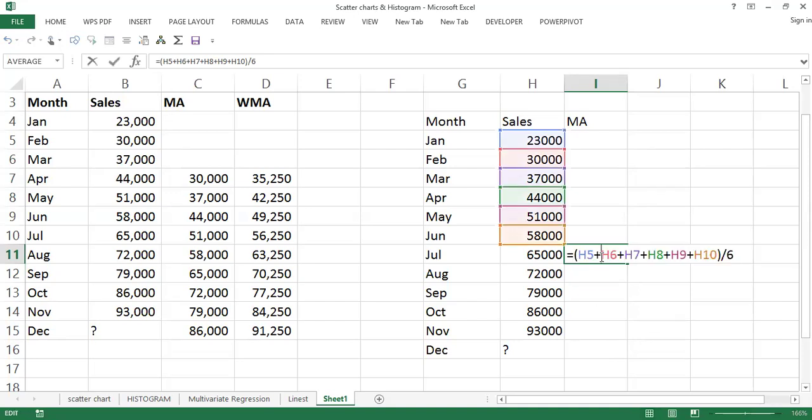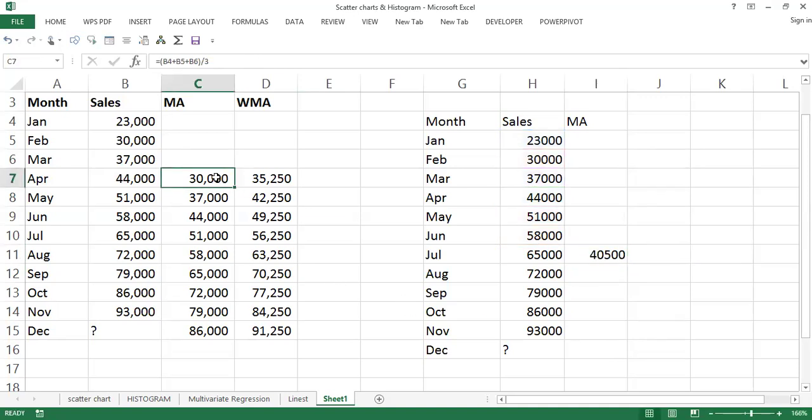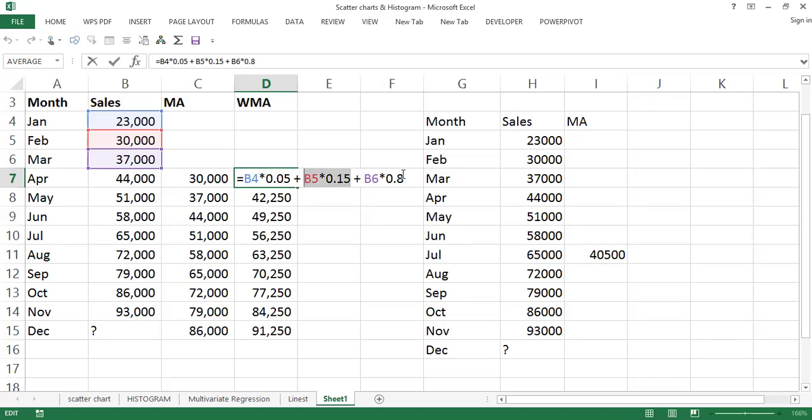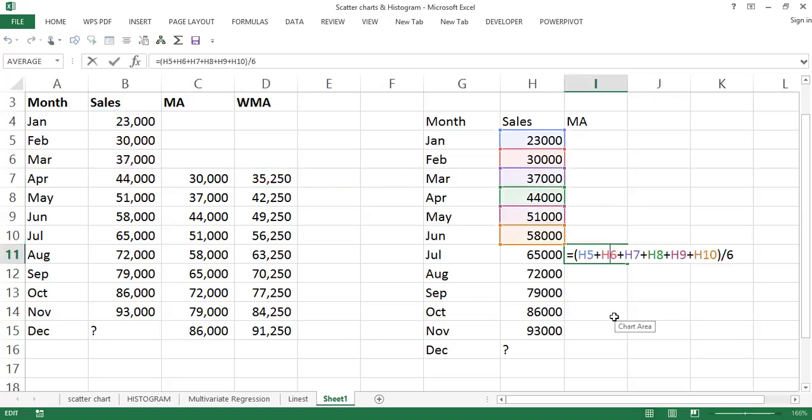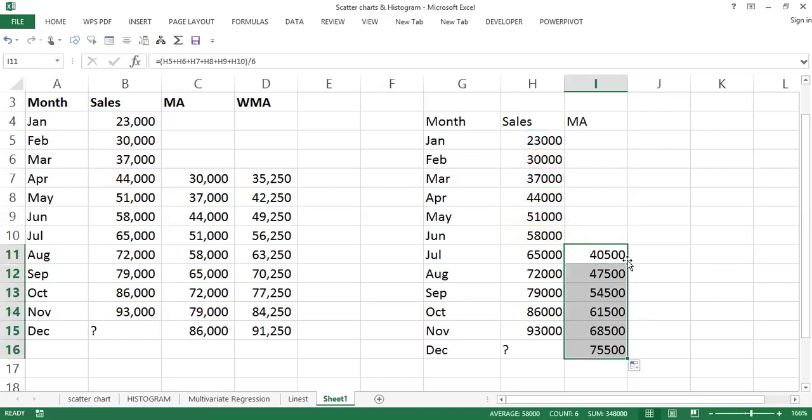I didn't use brackets because of the approach I use here, so I didn't need the brackets here. Okay.